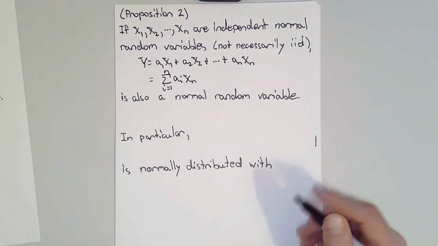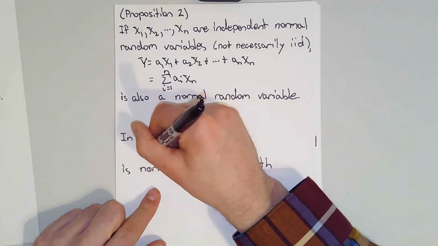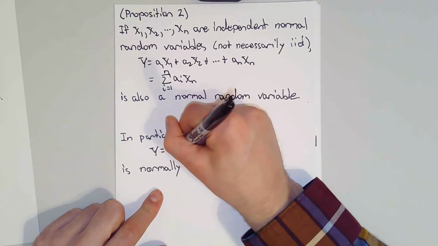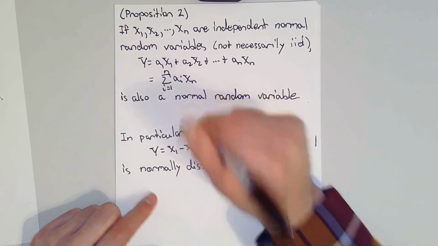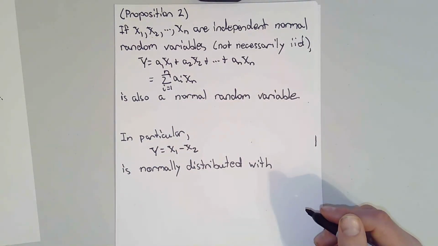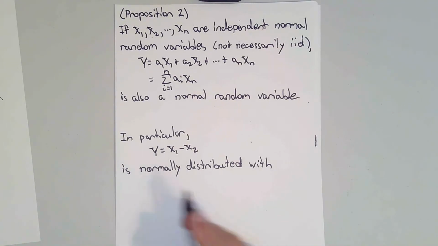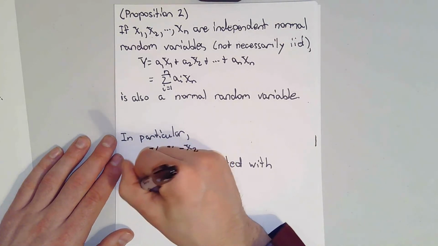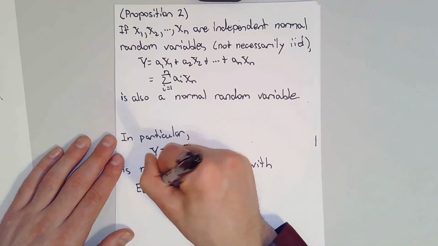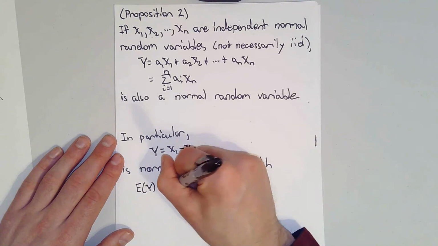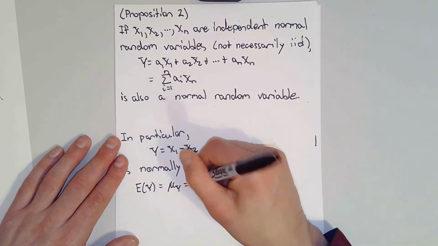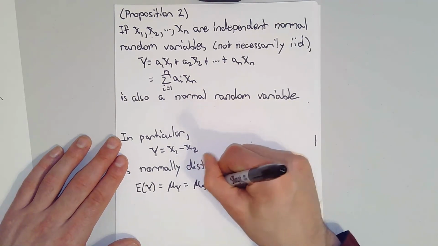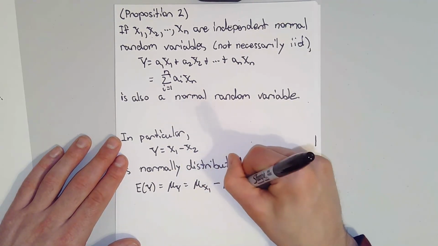So in particular, going back to this example, many times we want to consider the difference between two normal random variables. And so this is in fact a normal distribution with the following expectation, denoted by mu sub y, from our last formula: mu sub x sub 1 minus mu sub x sub 2.